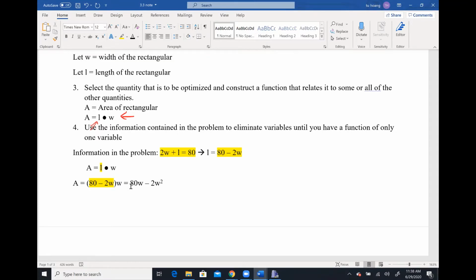That is the function of A, and I'm gonna write A in terms of W equal to this.